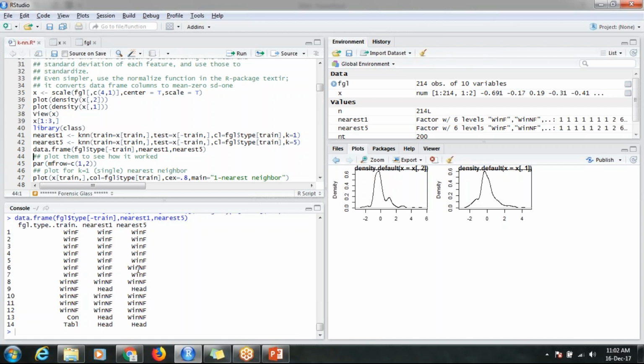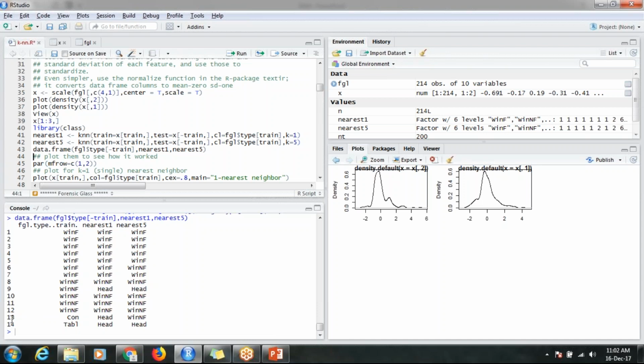So there is a misclassification here. Otherwise, here also it has been classified quite well. In both cases, it is classified as head. So this could be an effect of noise, as head could have been the nearest one, but it was due to noise. Again, WinF has been correctly labeled here.